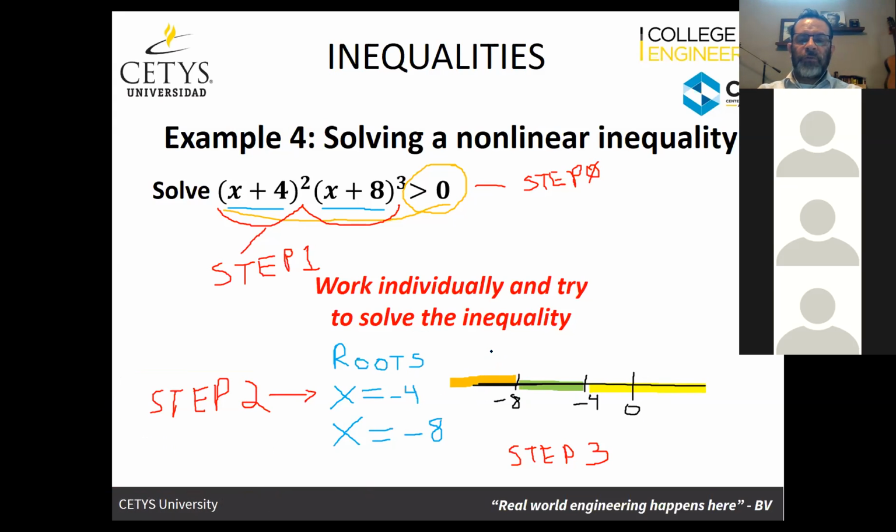So we're going to have the 3 intervals that Alejandra mentioned. We're going to go from minus infinity to -8. The other interval is going to be from -8 to -4.